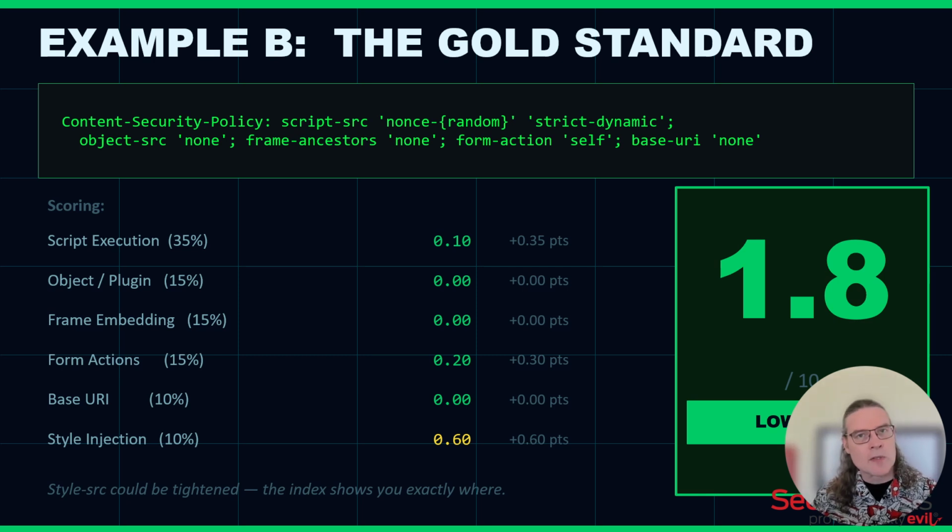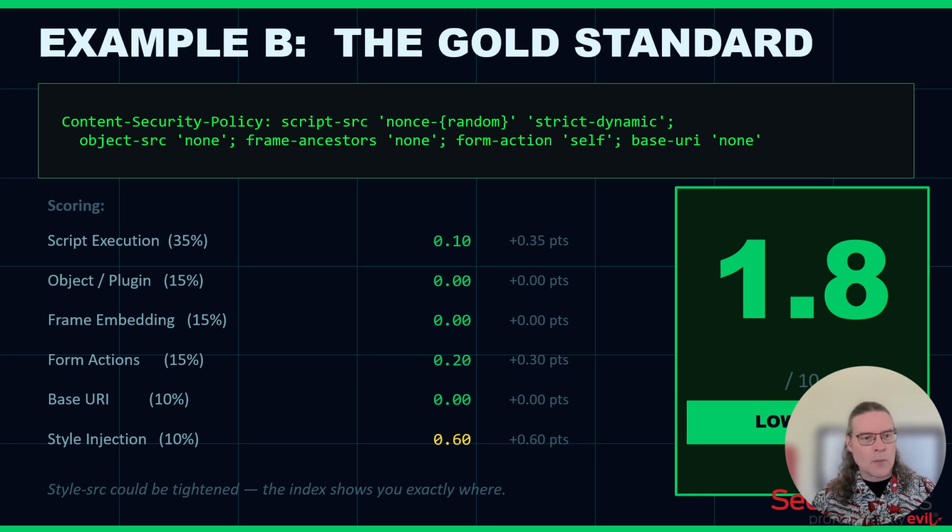I won't get into specifically what all of these do right now, but that is a recommended approach for handling scripts. And then the object source is none, which means you can't put object tags into the website, they just won't work. Frame ancestor, same thing. Form actions can only submit forms to itself, and there's no changing of the base URI.